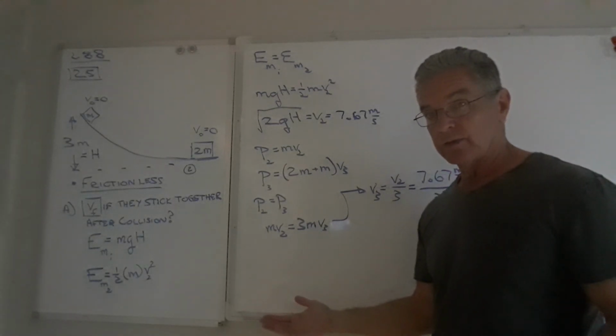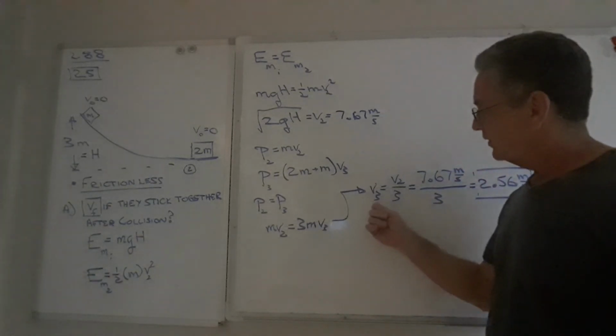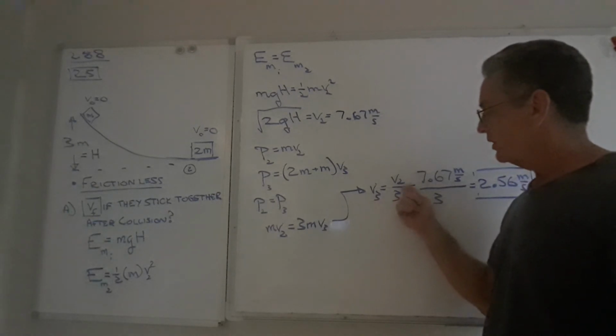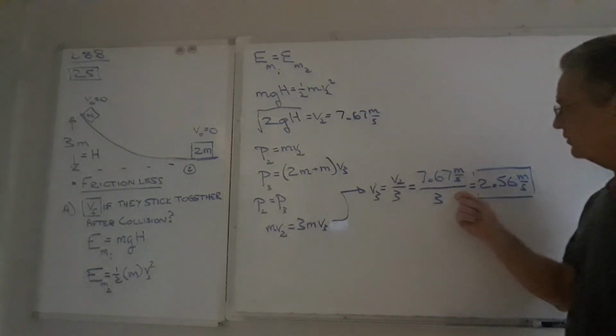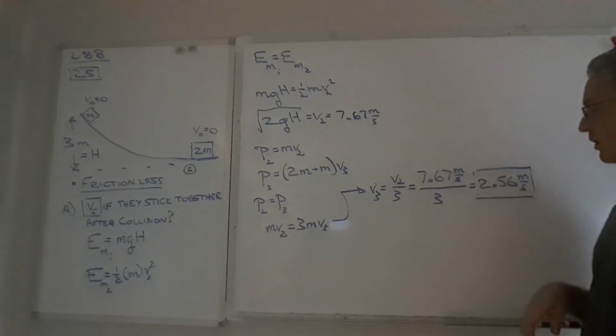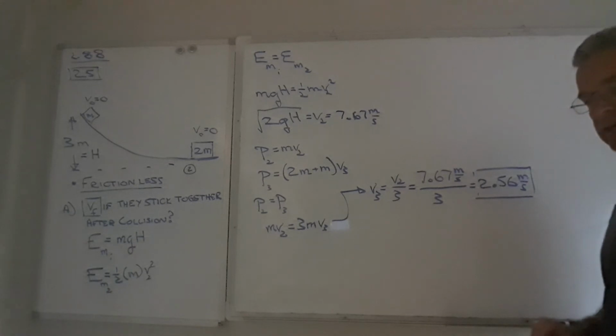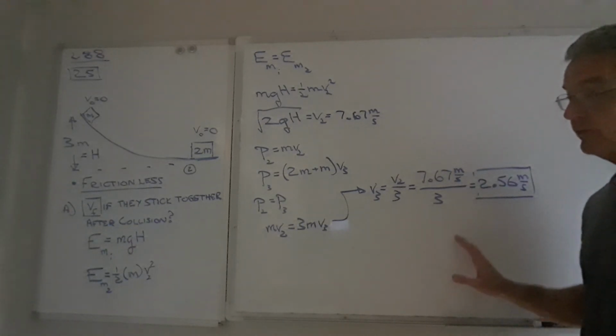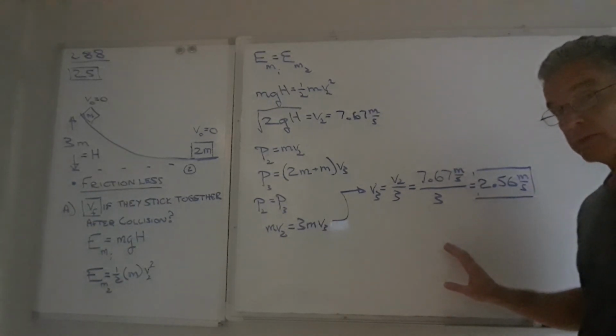It's not necessary for the problem. We find that v3, the velocity of the two blocks stuck together after the collision, will be equal to v2 divided by 3, and that's 7.67 meters per second divided by 3, which is 2.56 meters per second. So that's the first part of the problem, part A.